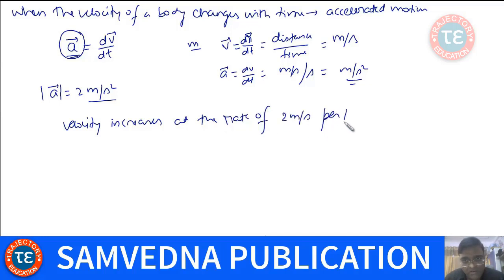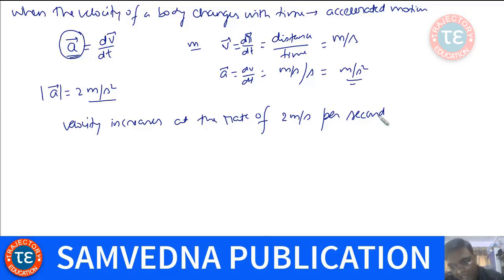That means if right now velocity is 10 meter per second, then in the next 1 second it will go to 12 meter per second, and the next second 14 meter per second. So we say the body is accelerating at the rate of 2 meter per second square.